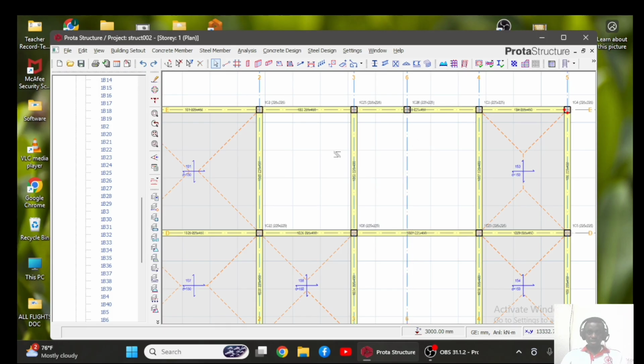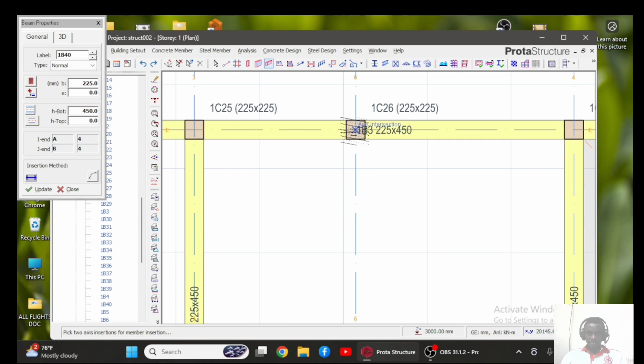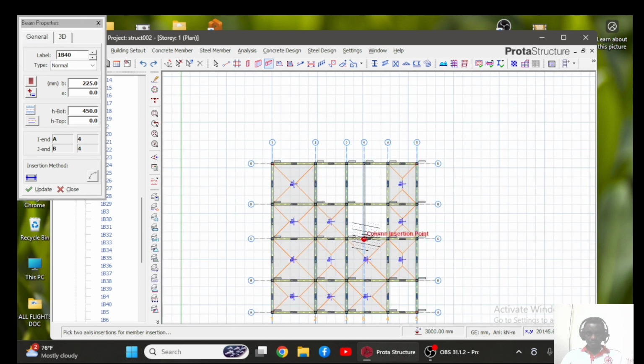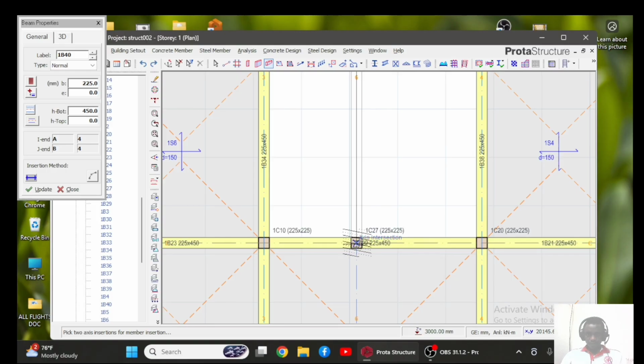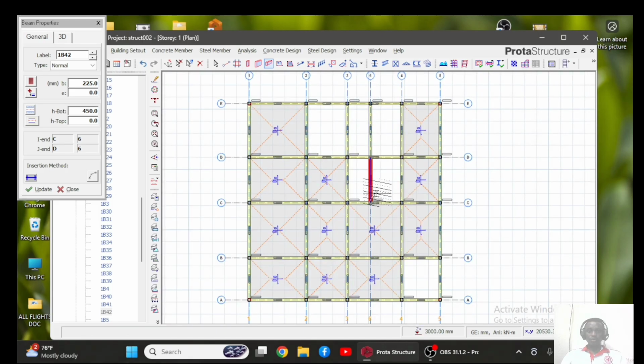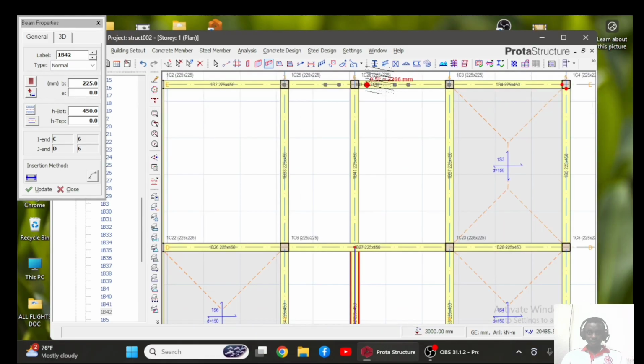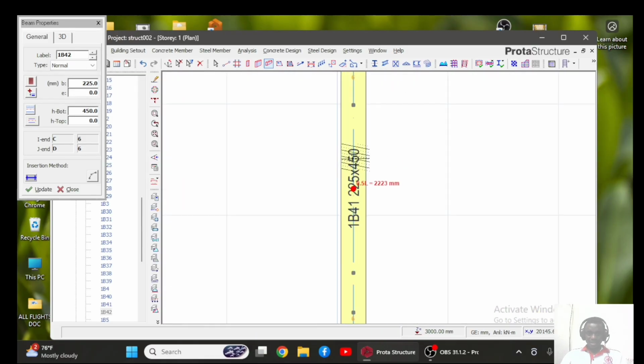when you insert your beam and the prompt comes up, you're supposed to click on yes. Now Prota Structure would break the beam accordingly. Now you will see that this is beam 41.